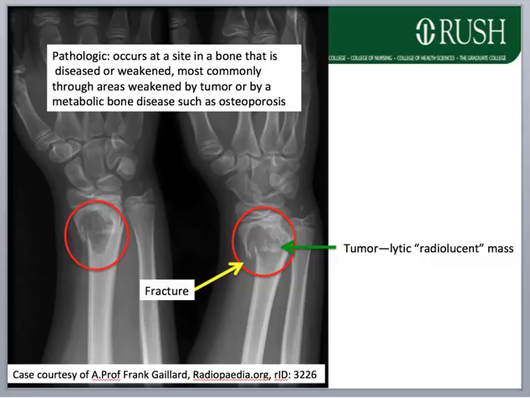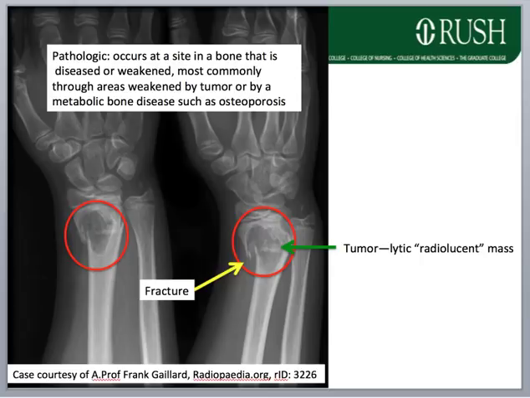And finally, fractures can occur in abnormal or diseased bone, and we call these pathologic fractures. Most of the time, these probably occur in conditions like osteoporosis, but you can see fractures that occur at sites of tumors. This is a radiographic image.